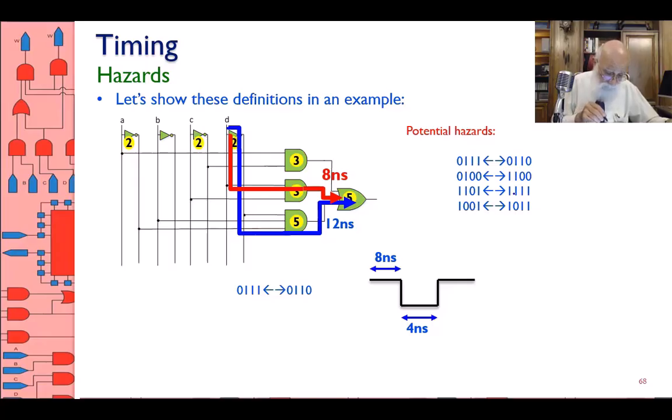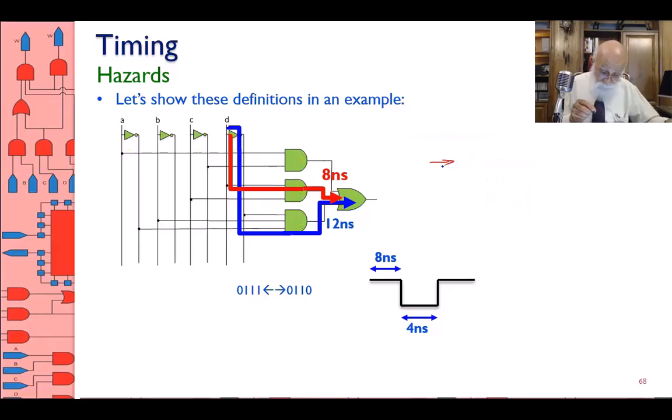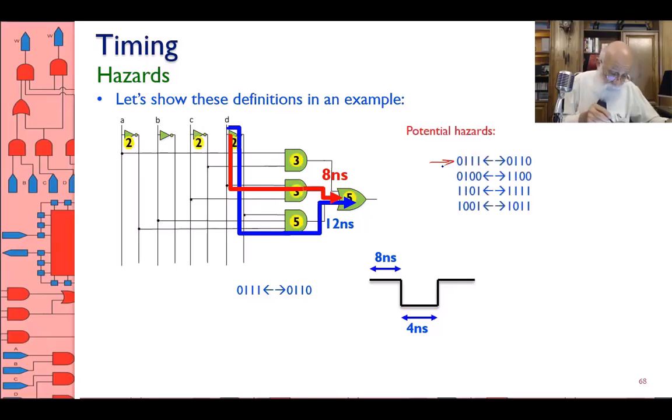I'm going to look at 0111 changing to 0110. This is changing D from 1 to 0 or 0 to 1. So let's look at these two gates. D in the upper path is 8, in the lower path is 12.